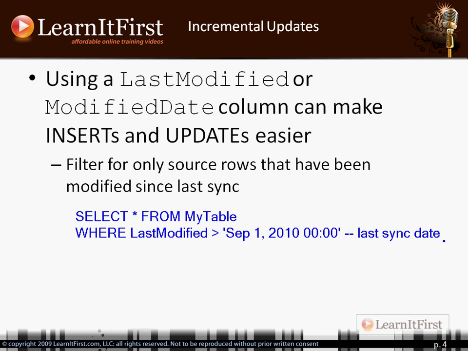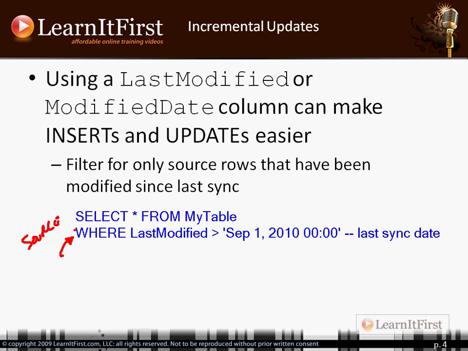So this, for example, would become your source here. And you would use it as the canonical set of data. You would go delete any destination row that had the same primary key as your source did, and then simply do an insert. That way you'd make sure you had everything. It would be probably a little too messy to do an update statement.